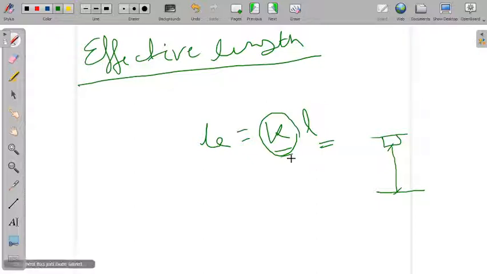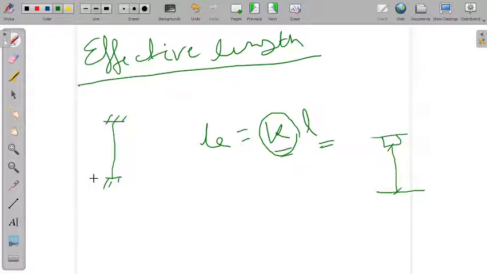I will give you an example of a column braced against sideway. When both ends are fixed rotationally, suppose I am saying this column here, if you take this part, both ends are fixed rotationally.